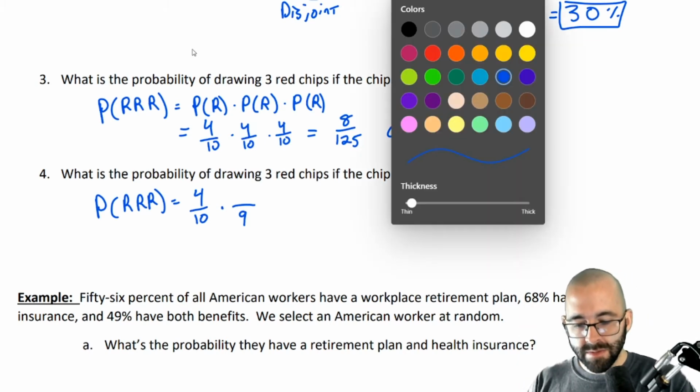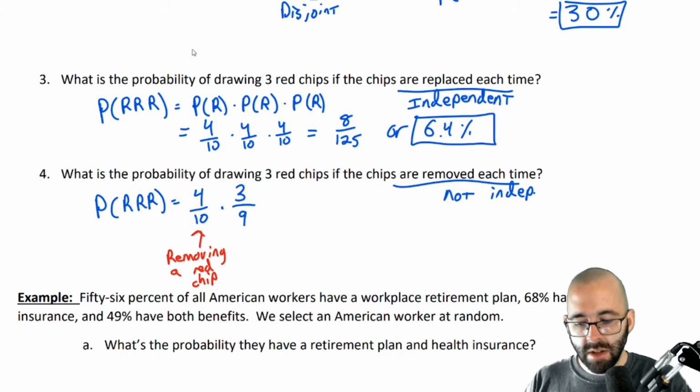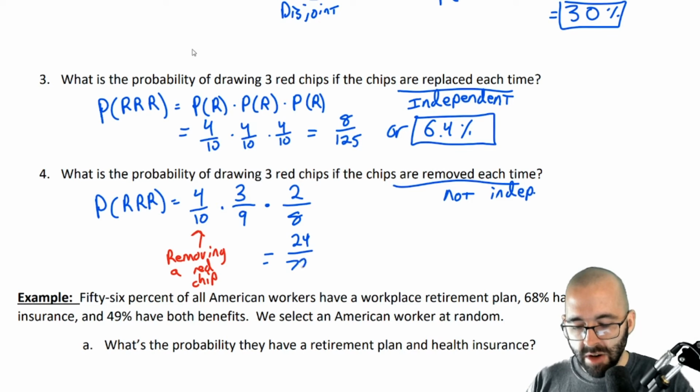In the first one, right here, we are removing a red chip. So now there's only 3 red chips remaining and 9 chips total. And for the next chip, there's only 2 red ones left out of 8 total. So if we multiply these all out, we're going to get 24 out of 720, I believe.